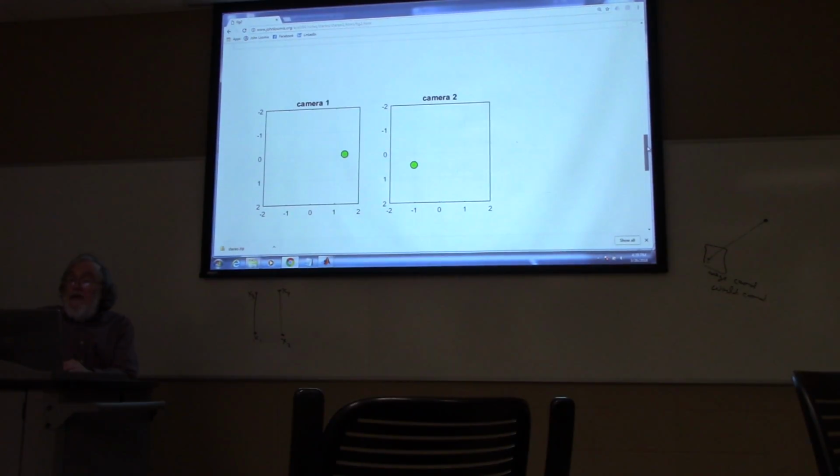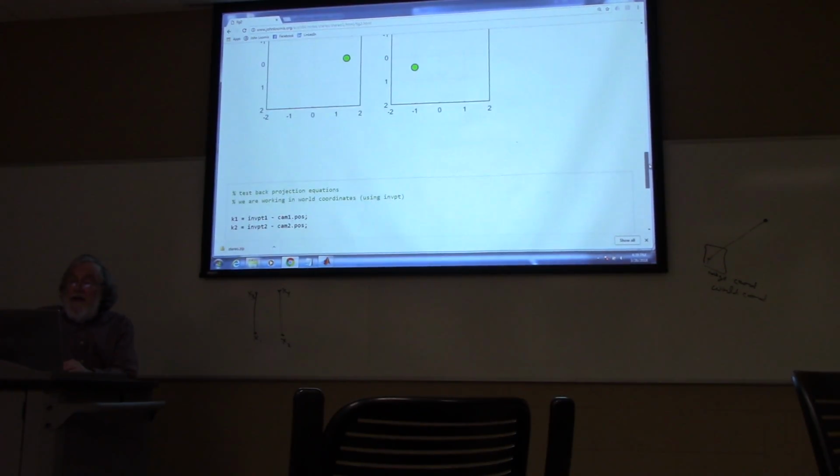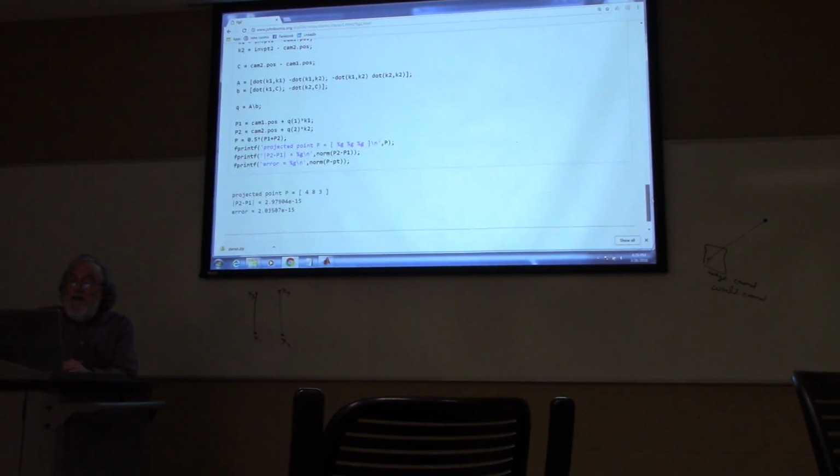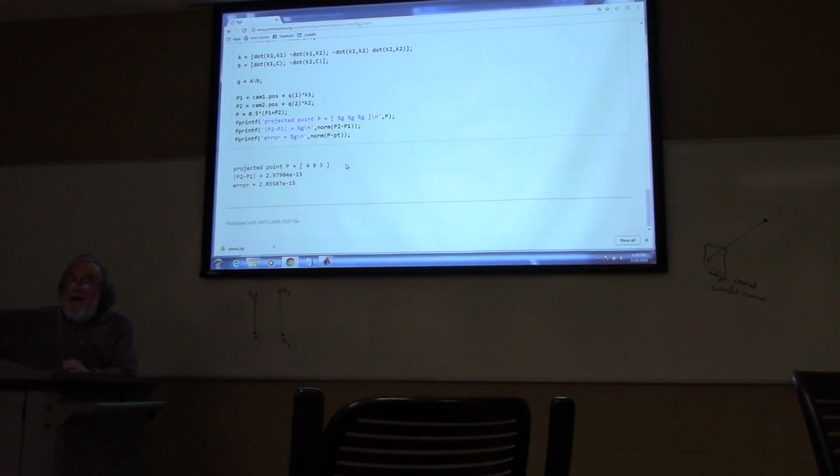Here's the camera data. So we take the camera data and we do our back projection code, and we come out with the 4, 8, 3.